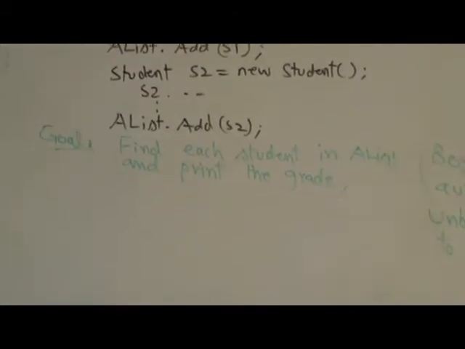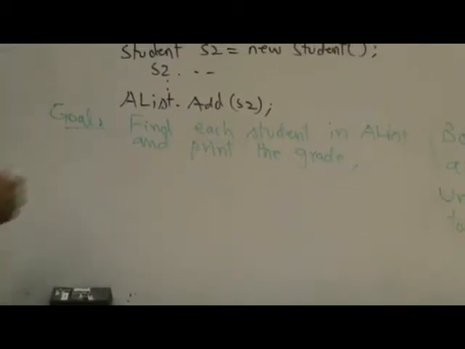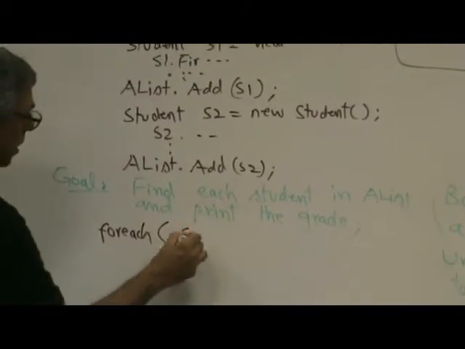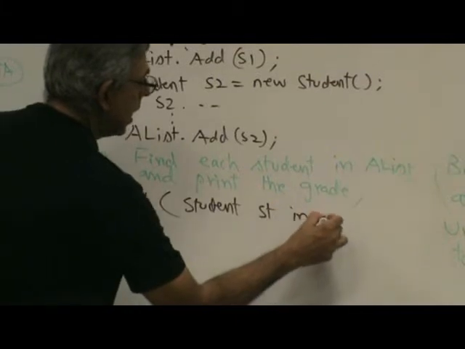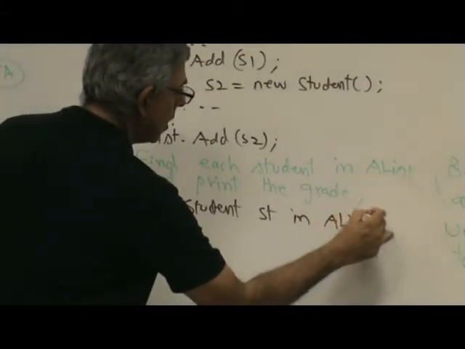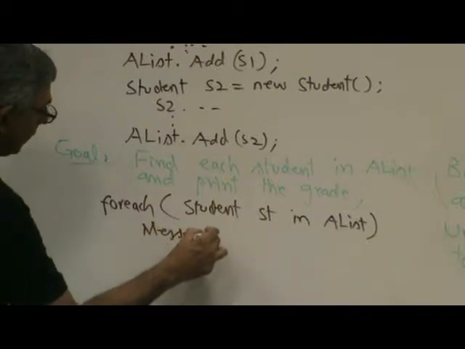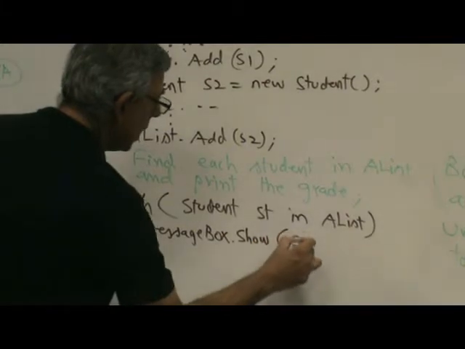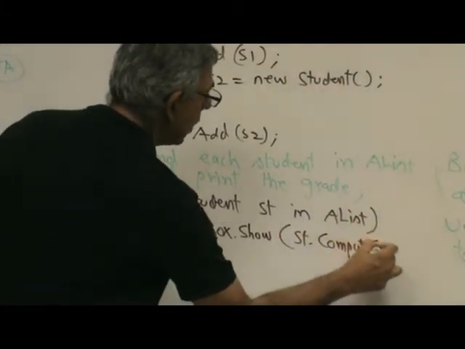If we write a code like this: for each student ST in a list, message box dot show ST dot compute grade, what will happen?